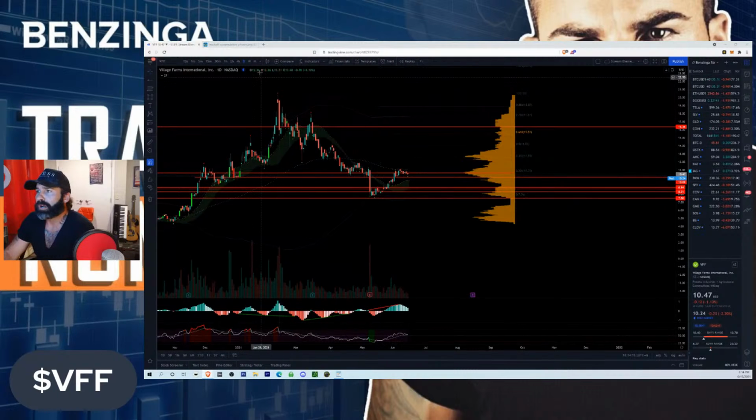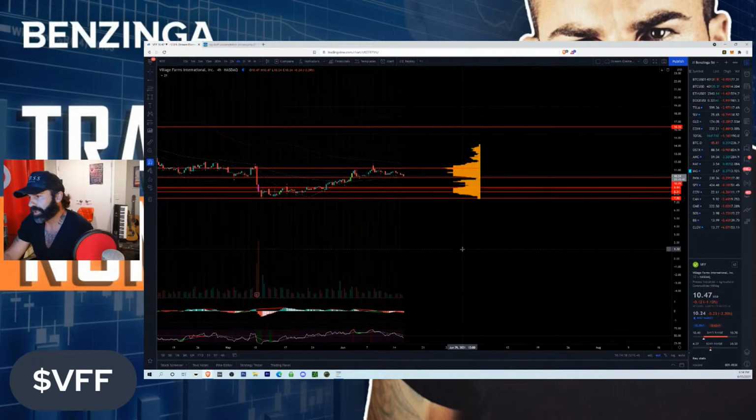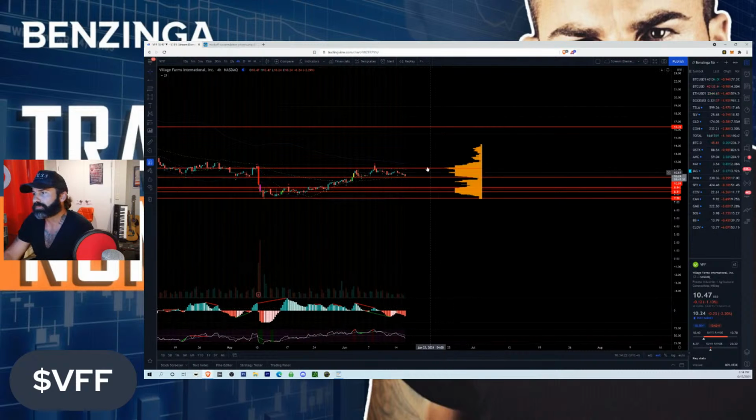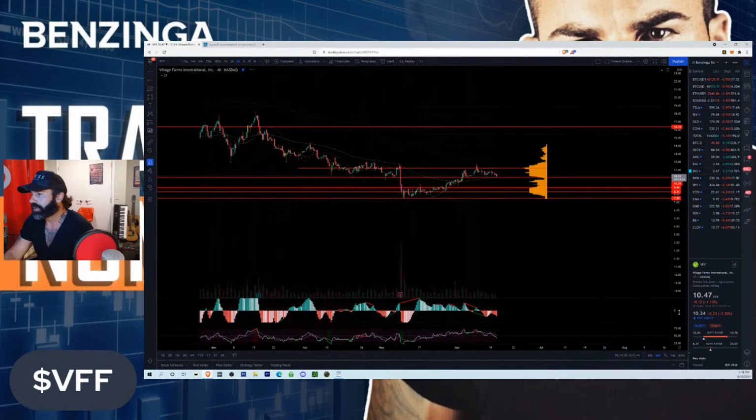And if we're on the 4-hour chart here, the 4-hour kind of confirms the same thing. We got this sideways consolidation. You still have your negative momentum building on the 4-hour chart, which tells you that that sell pressure just hasn't let up yet.